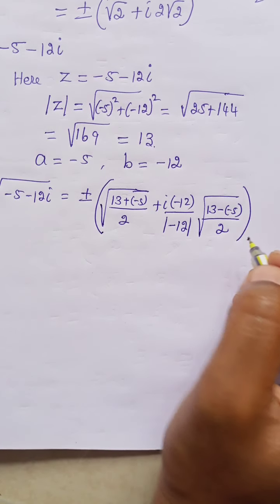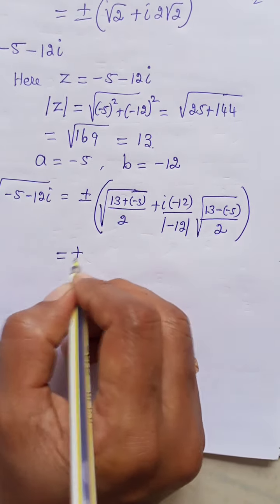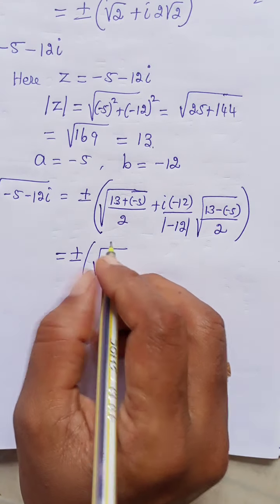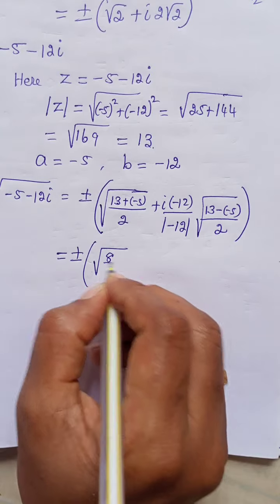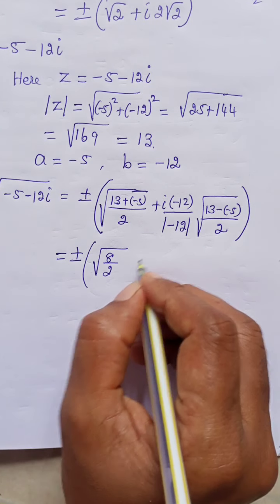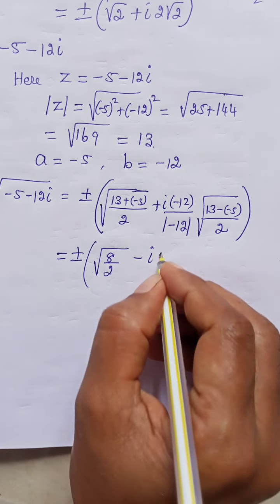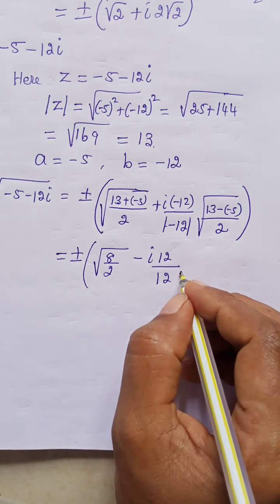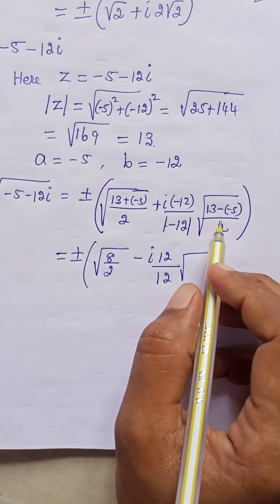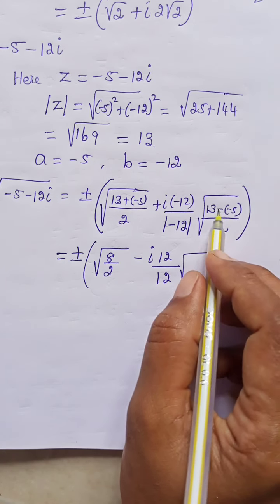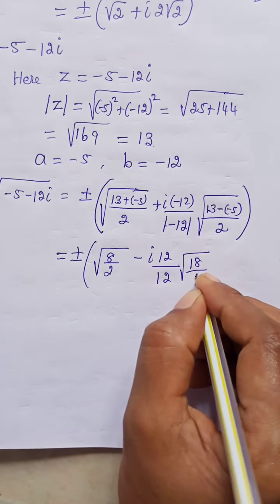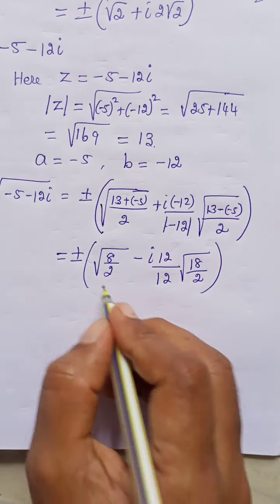Is that clear? I have just substituted the values in the formula. 13 minus 5, that is 8 by 2, minus i into 12 by modulus of minus 12 which is plus 12, into root of 13 minus of minus is plus, 13 plus 5, 18 divided by 2.